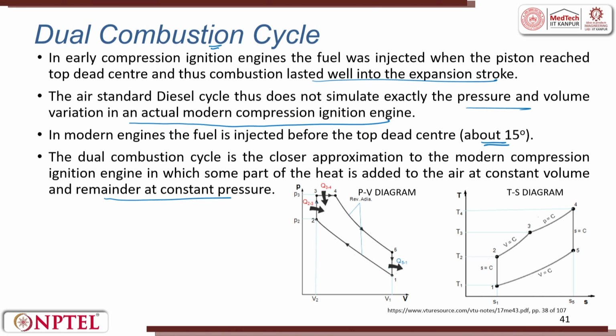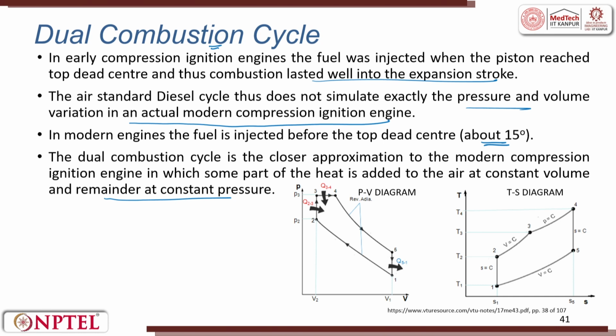You will have 1 to 2 as compression, then 2 to 3 there is a constant volume, but there is a pressure increase. From 3 to 4 there is an expansion happening, and then from 4 to 5 there is a complete expansion. So, when we say 3 to 4, there is a constant pressure.